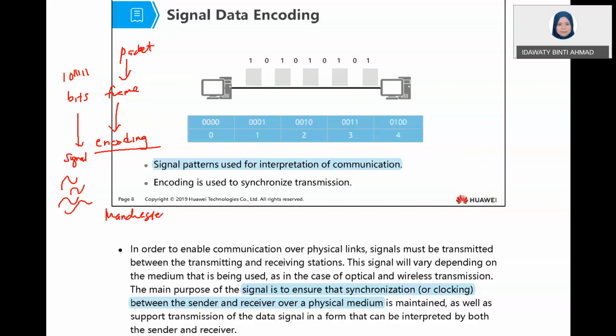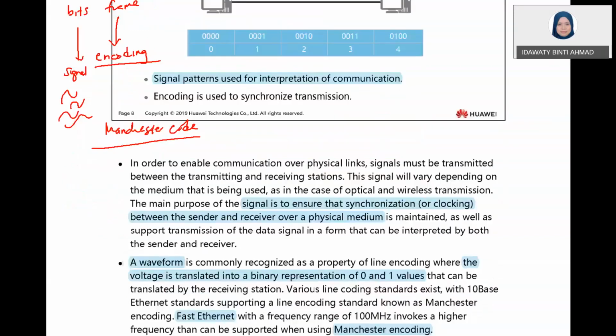Have a look at it, and you can understand how you represent the 0 and 1 values, I mean the bits from the frame, and how you translate them into a waveform by using the voltage, the current level voltage.